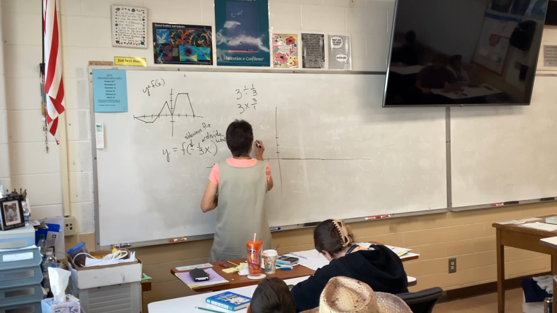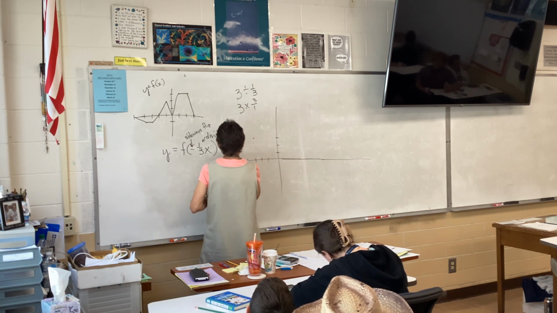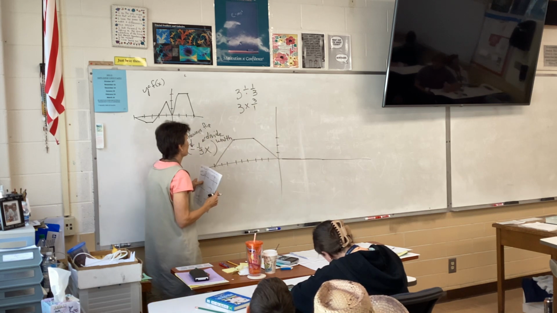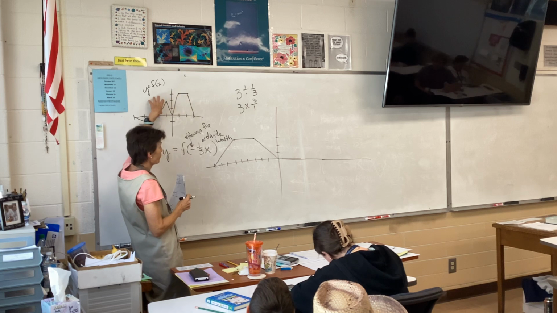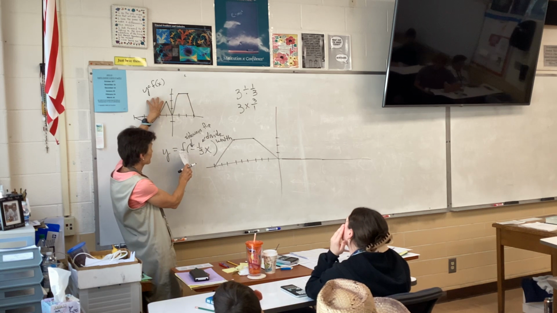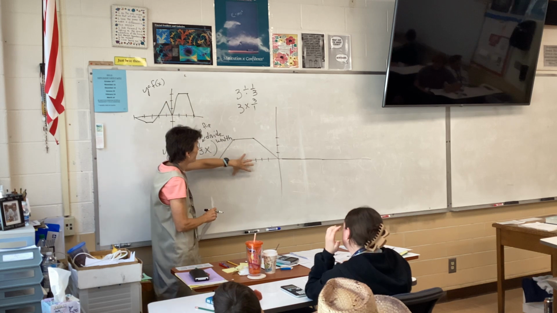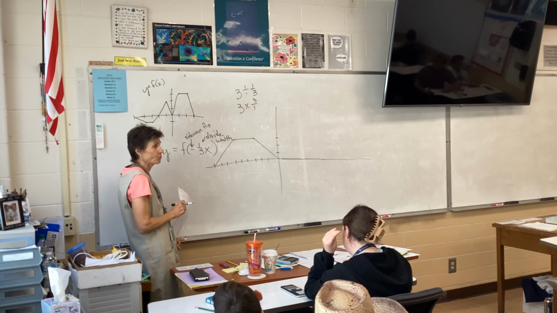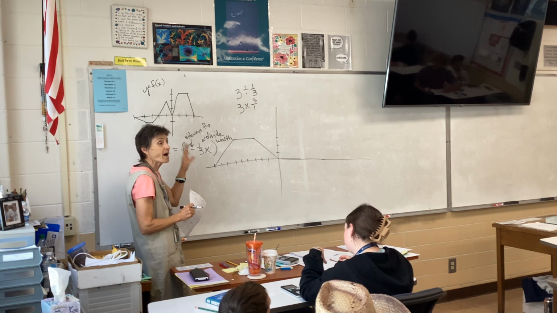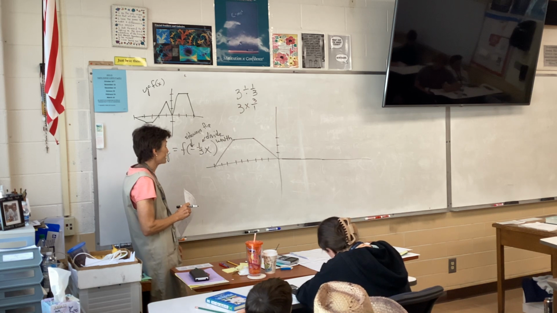Still 3 tall. So there he is. He got flipped over to the other side because of the negative, and then his width got divided by 1/3, which is timesing by 3.